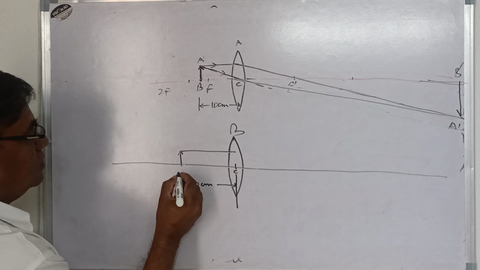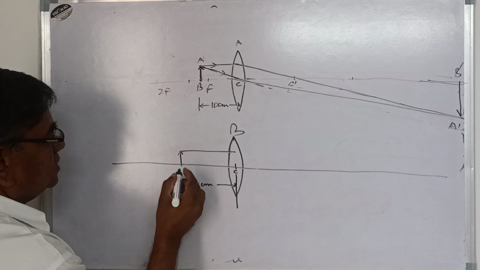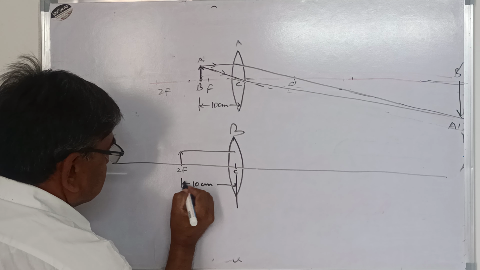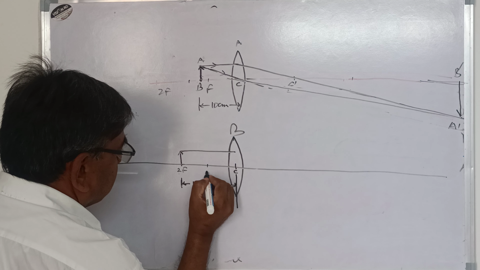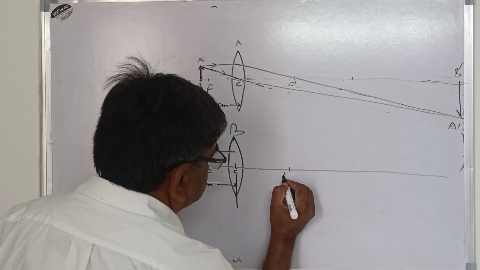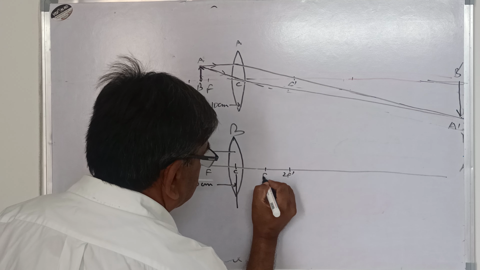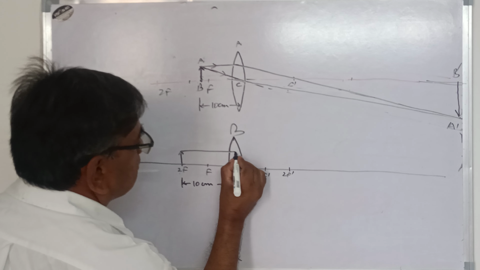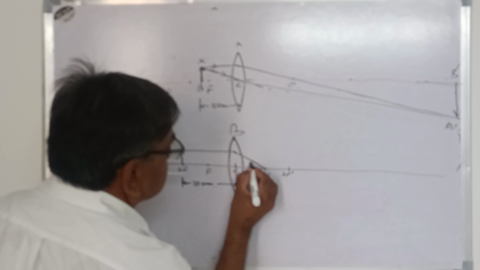What happens? What will you do? You know that when the object is at 2F. Object is here, it is 2F. So this will be F, midpoint. This will be 2F. This will be F dash. This will be the condition. Where the object will be found after the correction.